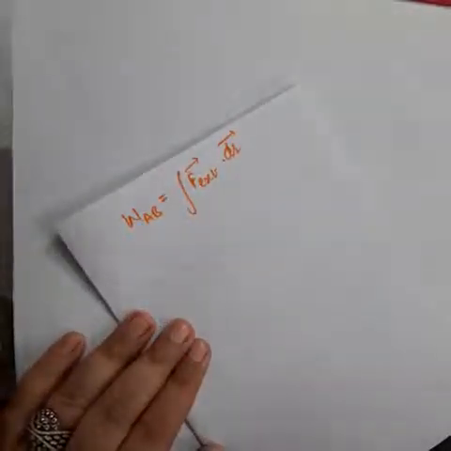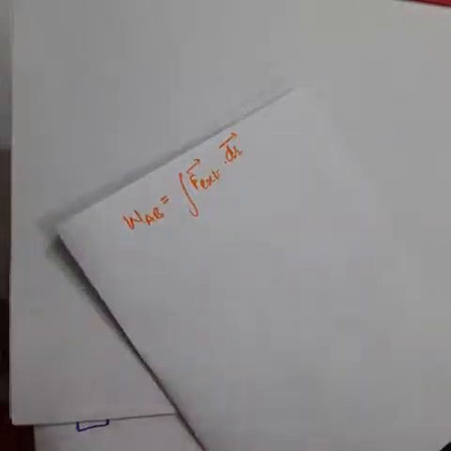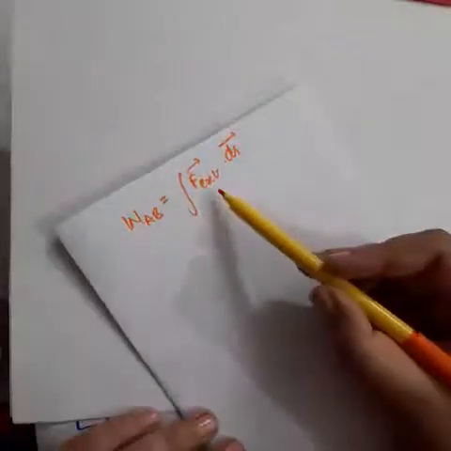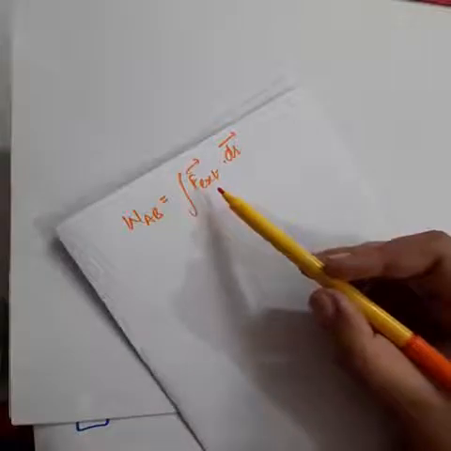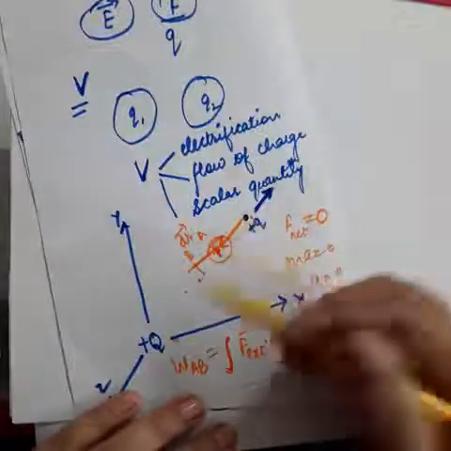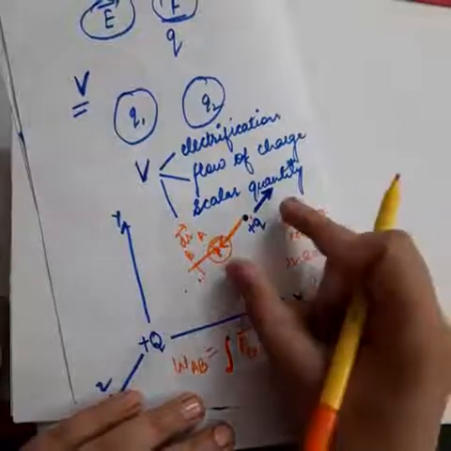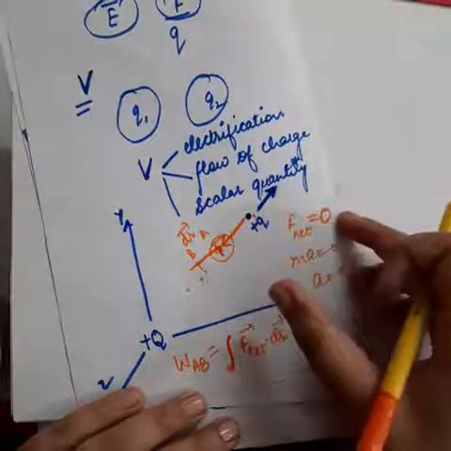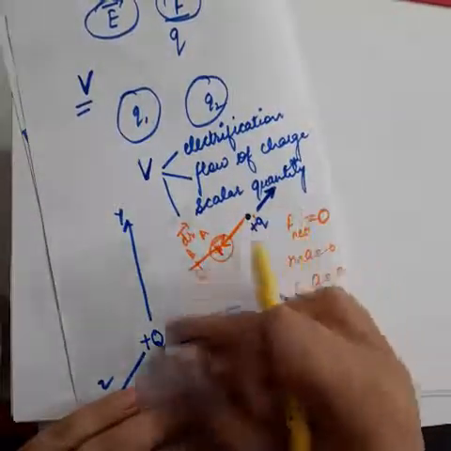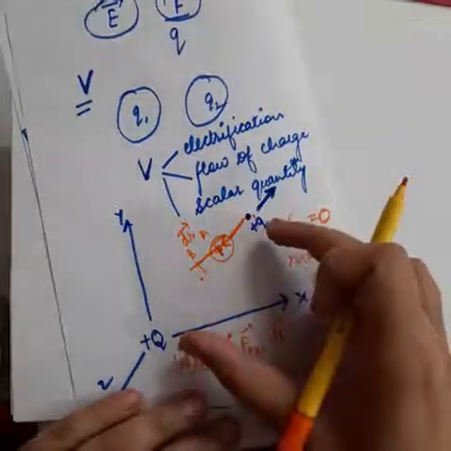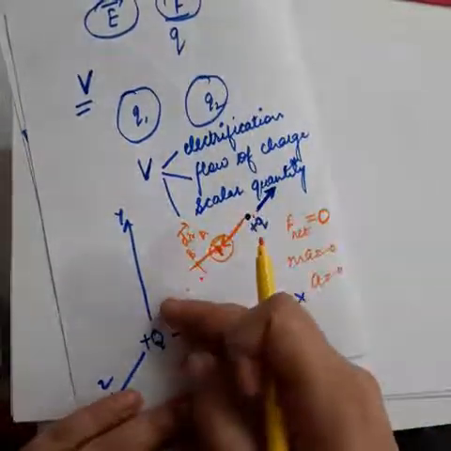Clear? Now, what is going to happen over here? This external force is equal and opposite to the electrical force. Which electrical force was it? The one that was naturally acting, the repulsive force. So this external force is balancing this electrical repulsive force. That's why this charge is moving, isn't it?